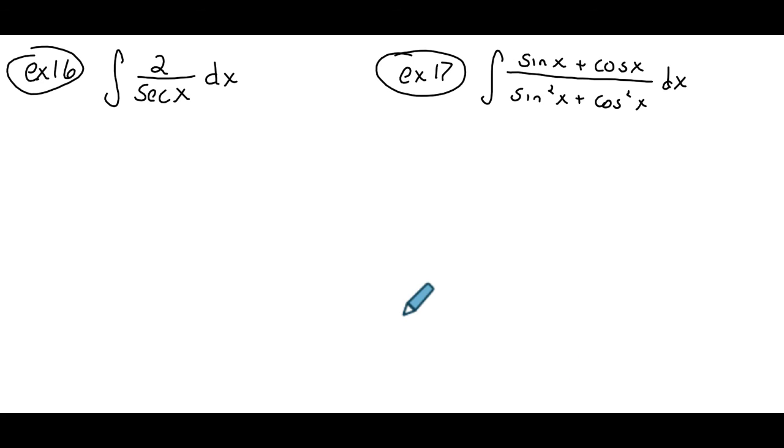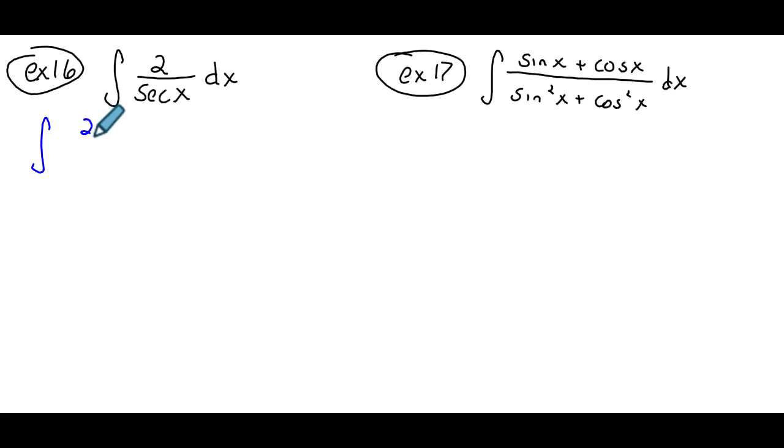Okay, in these last couple examples, we're given it written as a quotient, or sometimes you'll see it written as a product. Now remember, there's no quotient rule or product rule for integration. So I need to rewrite this so I can get rid of the quotient, so I can't have my trig function in the denominator, and I have to get rid of my product. So I recall some of my trig identities.